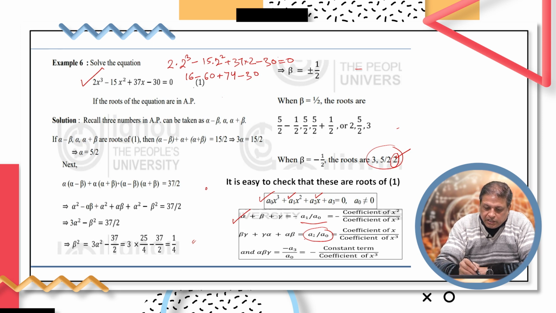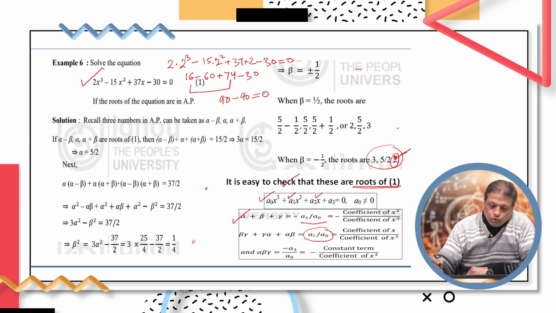So, that means 16 plus 74 is 90, and minus 60 minus 30 is minus 90, and this is 0. So, we have checked that these are the roots of equation 1.